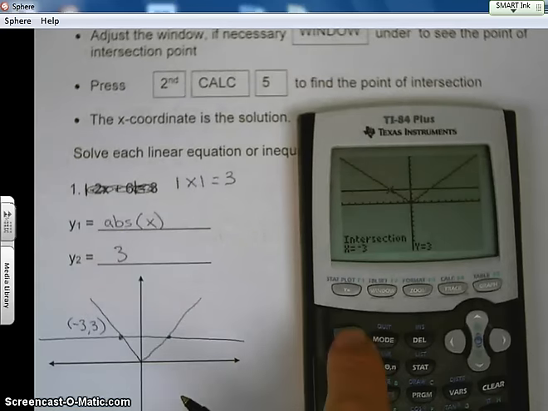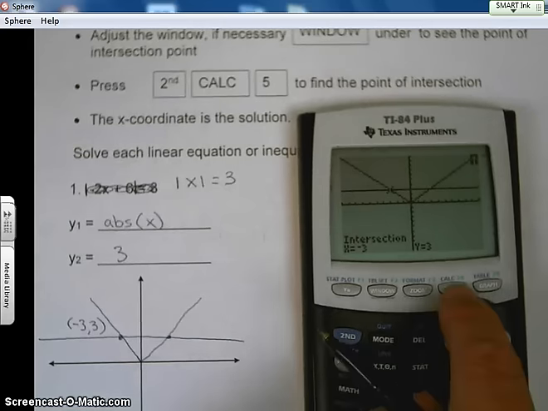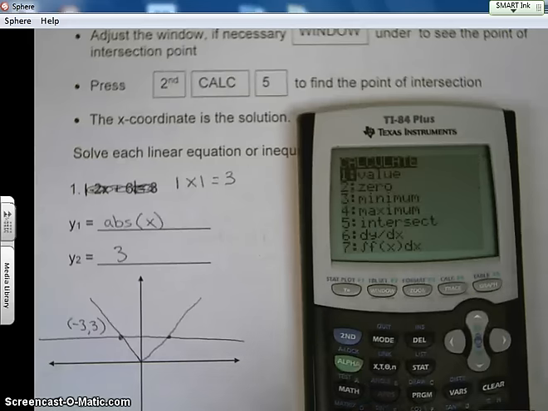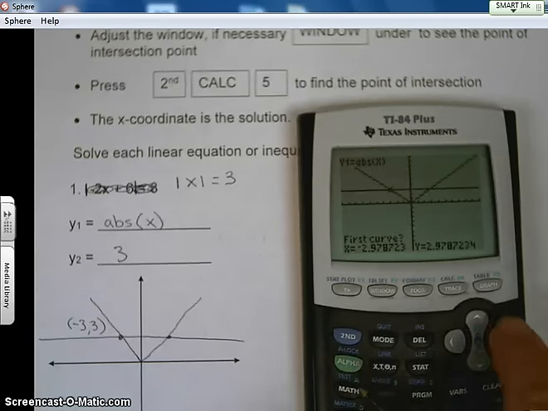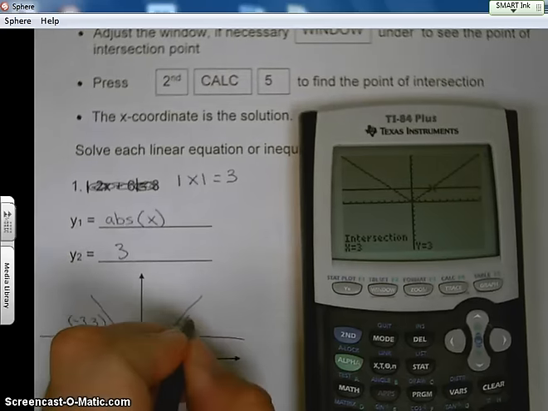So again, second, 5, second graph, calculate, 5 for intersect. Okay, and then we're going to arrow to the right, move that cursor over to the other intersection point. Okay, enter, enter, enter, and this point is at 3, 3.